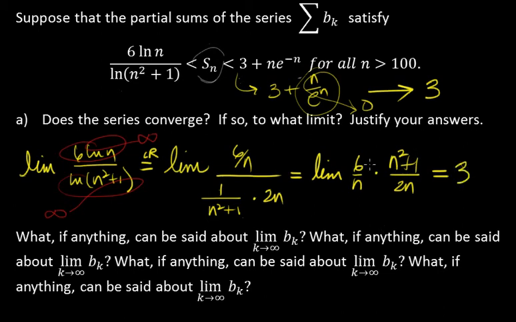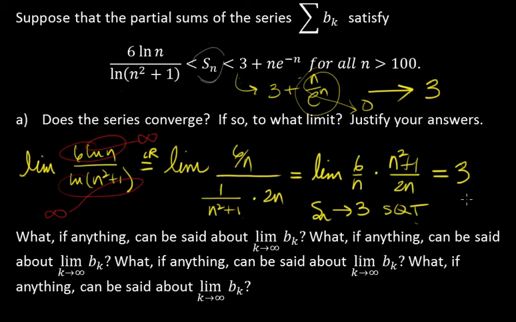It is 3. So you just multiply this together and either divide by n squared on the top or bottom, or use L'Hopital's rule again. You get the limit of 3. So therefore, this series does converge, and it converges to 3. This Sn has a limit of 3 by the squeeze theorem, and that means that the series converges to 3.